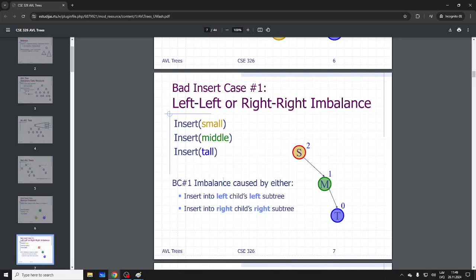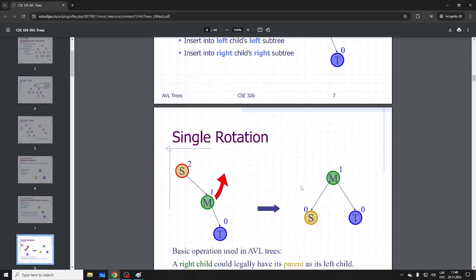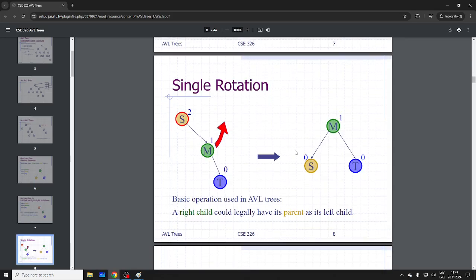All right, so this is one: single rotation. This is how you fix it. A right child could legally have its parent as its left child. So this right child, M, becomes the parent, S becomes the left child. Does that make sense to everyone?